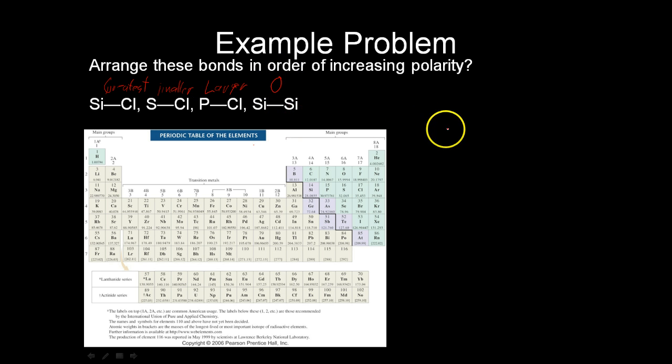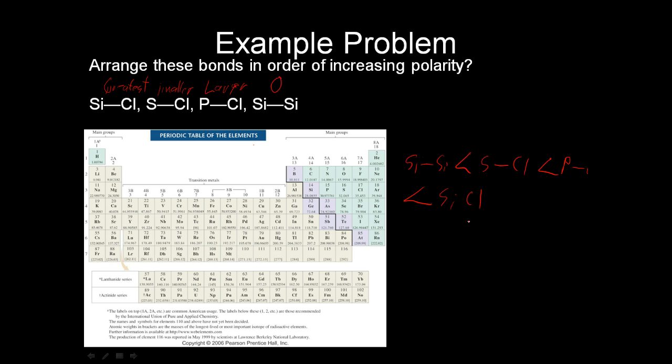And so if we're arranging these in order from least to greatest, we have silicon and silicon is less than sulfur, chlorine is less than phosphorus, chlorine, and that's less than silicon and chlorine.